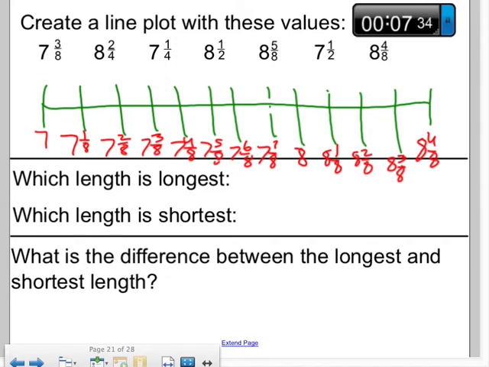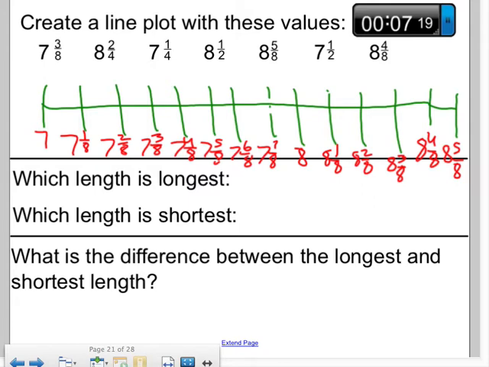I got pretty good for just guessing how many lines I would need. 8 and 1/8, 8 and 2/8, and so on up to 8 and 5/8, 8 and 6/8. Oh, I think we can stop there, actually.